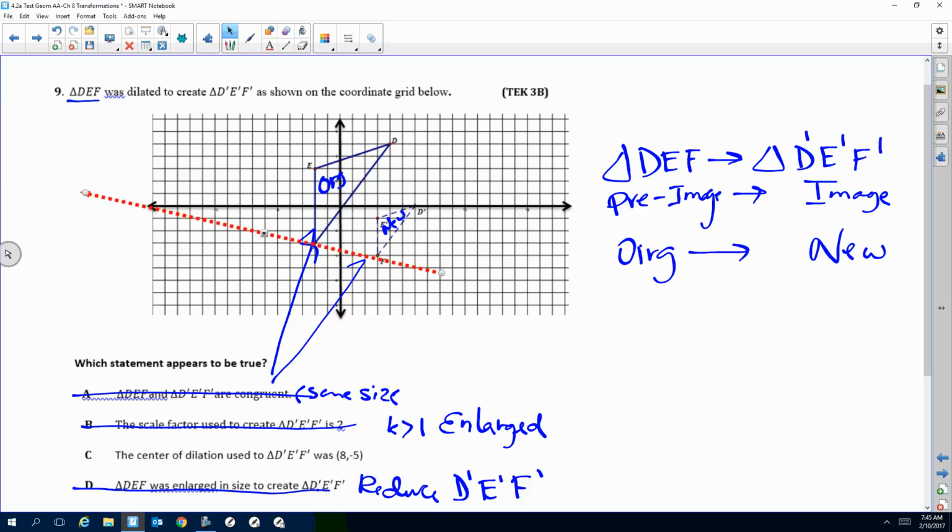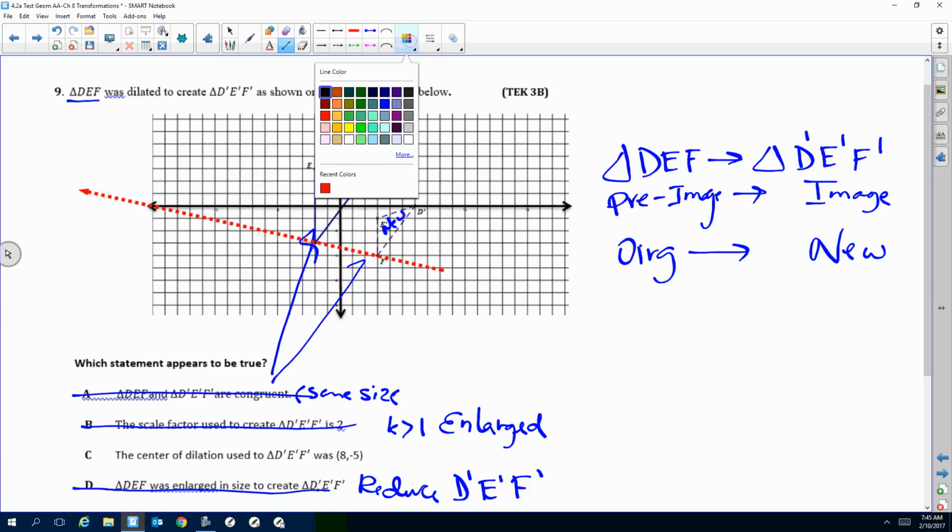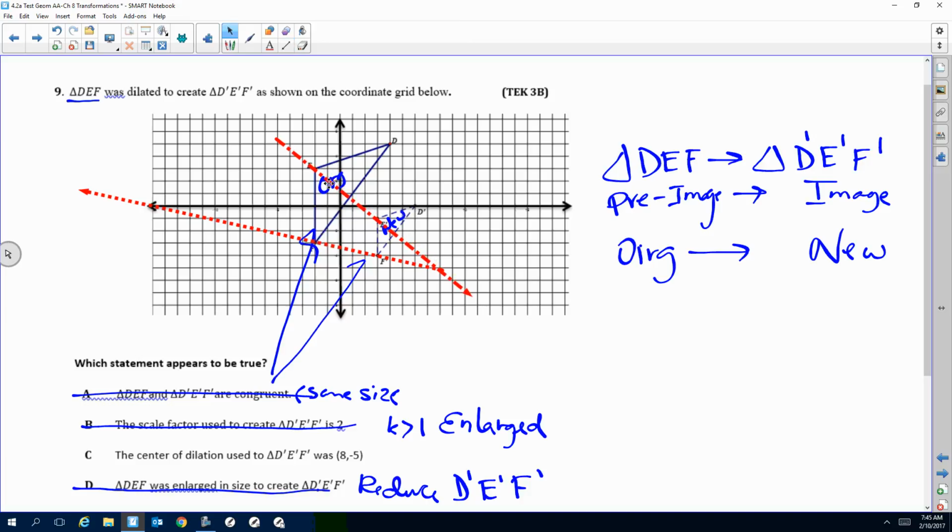Oh, it's way off. There we go. And I connect the other, E and E prime. So E to E prime. There's that. Those lines intersect at that point. That is our answer, okay? And so that takes care of number 9.